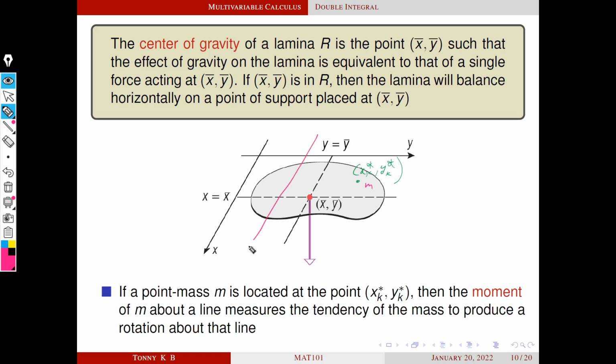Suppose you consider a line like this, say y is equal to b, then naturally due to this mass there is a tendency of rotation about this line, and that quantity is measured using the term moment. Then how to evaluate the moment corresponding to this point mass about the line y equal to b, and similarly you can find the moment about x equal to a.